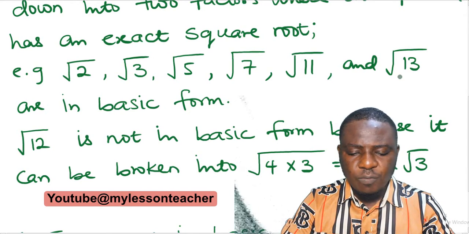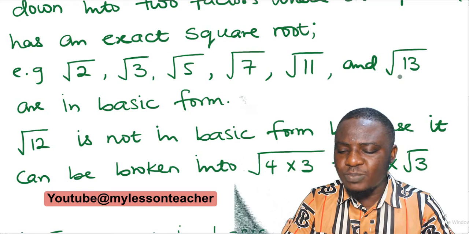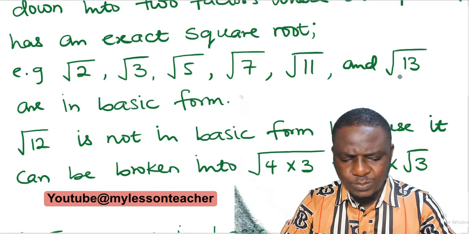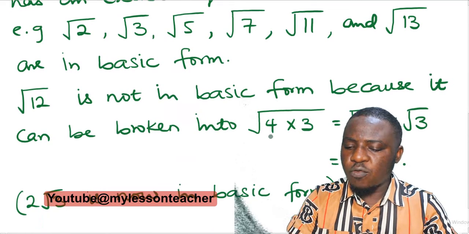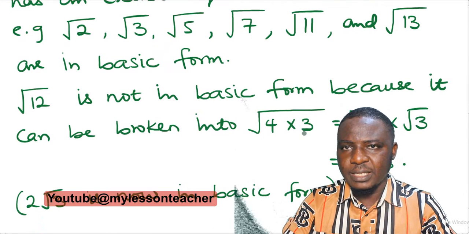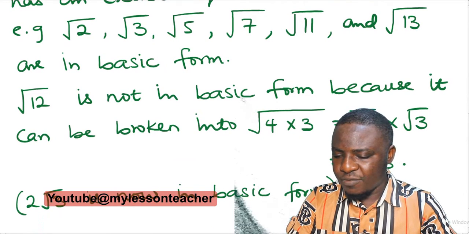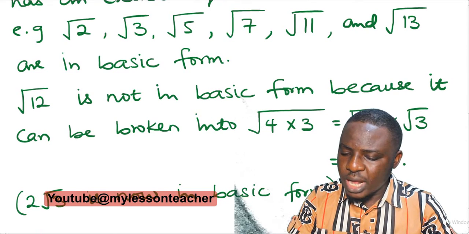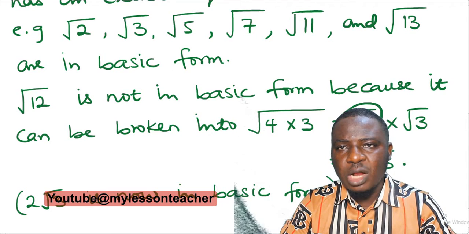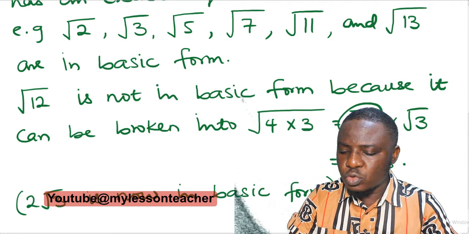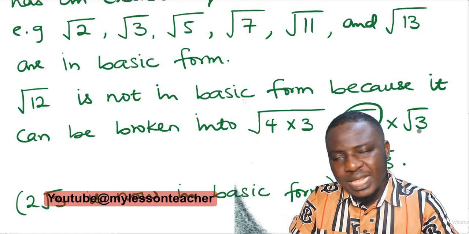Now root 12 is not in its basic form. Why? This is because it can be broken down into root 4 times root 3, using the first law. And we know that root 4 is a rational number because root 4 is 2, but root 3 cannot be broken down.